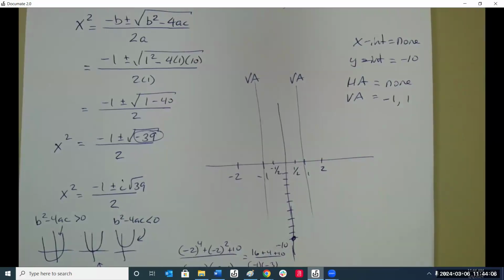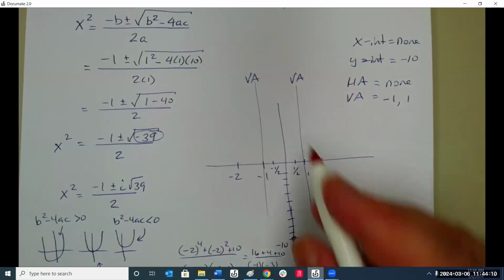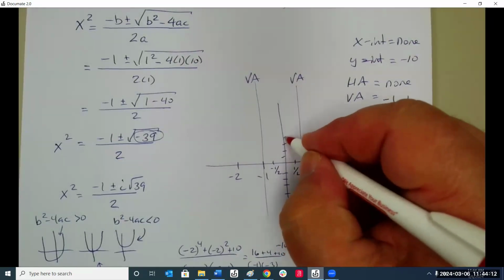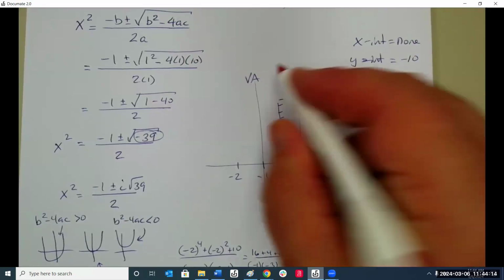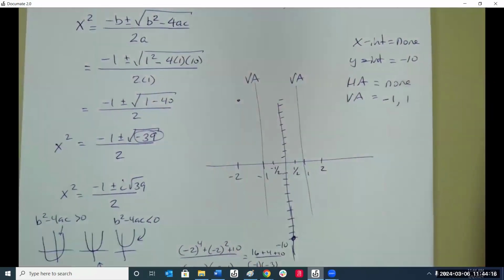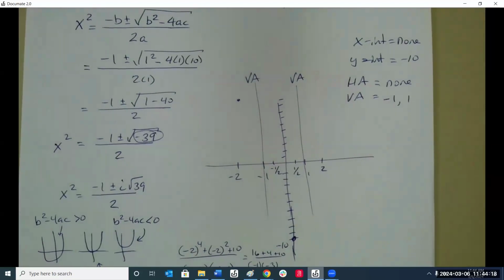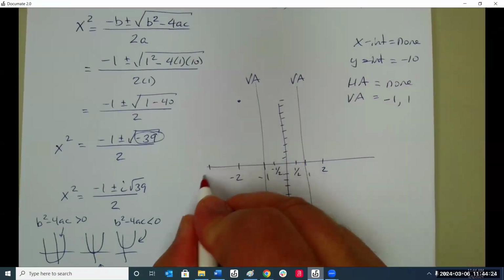So it's 30 over 3, which is 10. What's going to happen at 3?